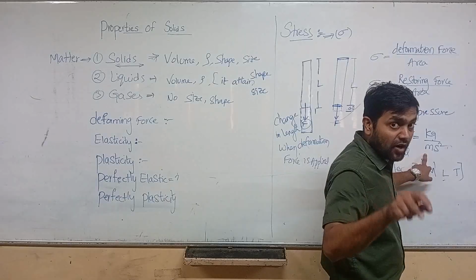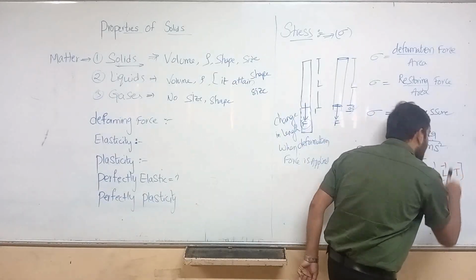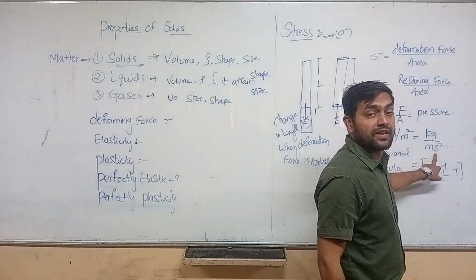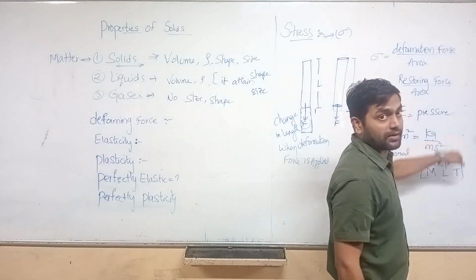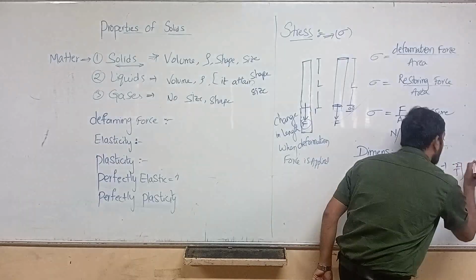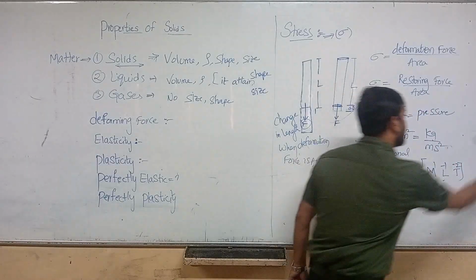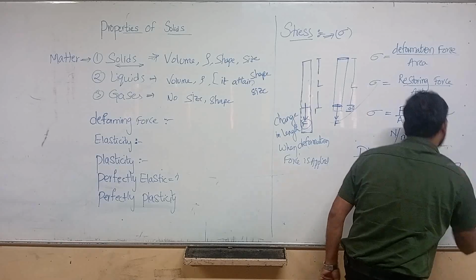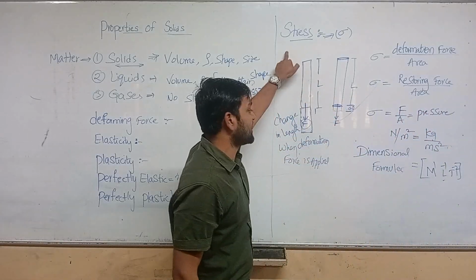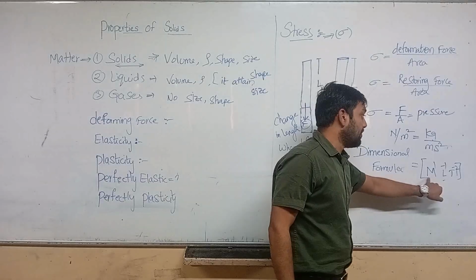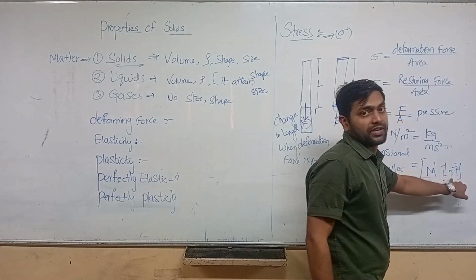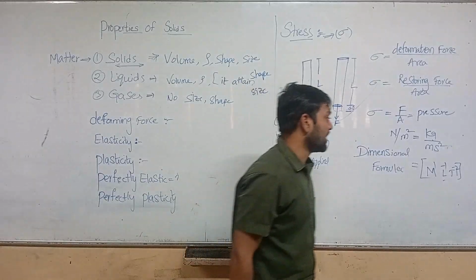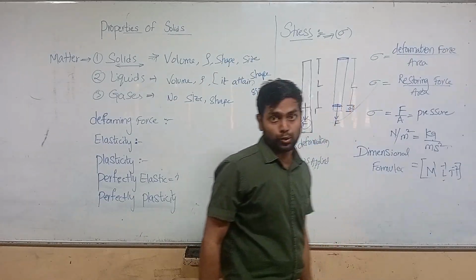Meter is in the denominator, so we take -1. Time is in the denominator and squared, so we take -2. So the dimensional formula of stress is M L inverse T inverse square: M to the power 1, L to the power -1, T to the power -2.